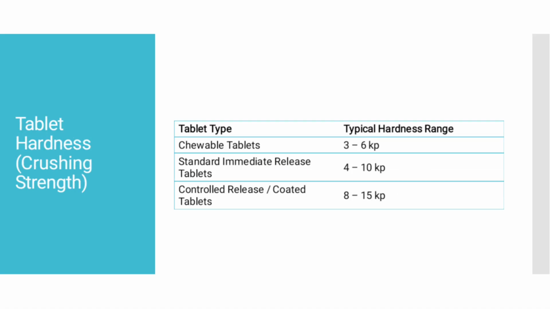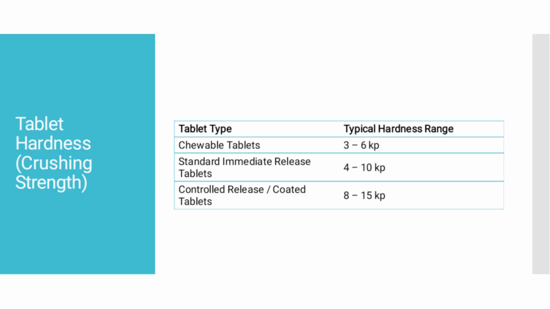Moving to next slide. So tablet hardness or crushing strength. Hardness indicate the resistance of a tablet to break under pressure. Typical hardness ranges are, for chewable tablet it should be 3 to 6 kp, that is kilopounds, because they must be soft.